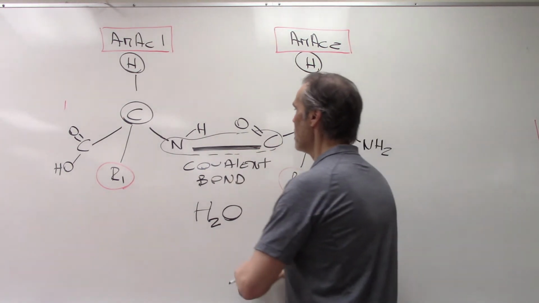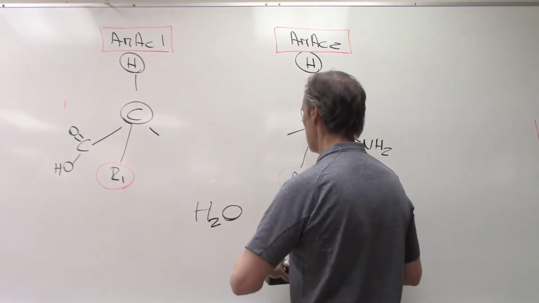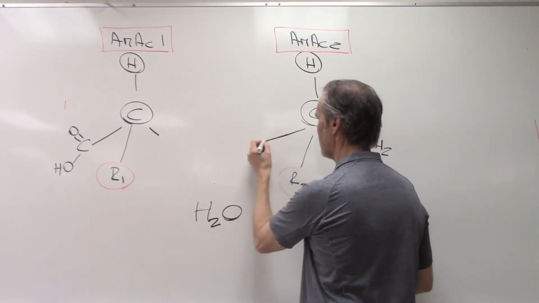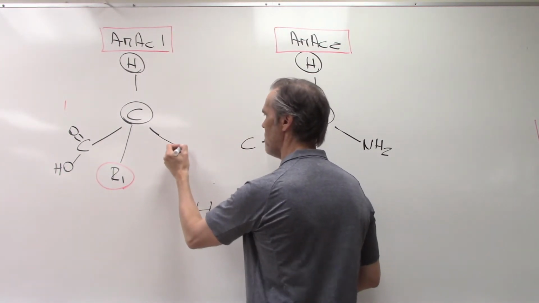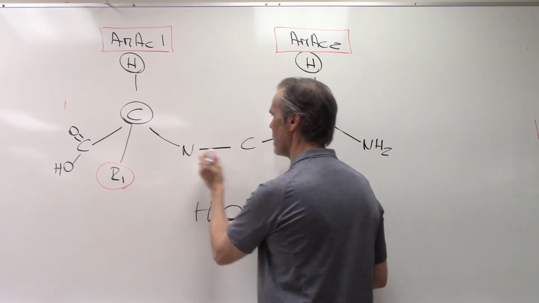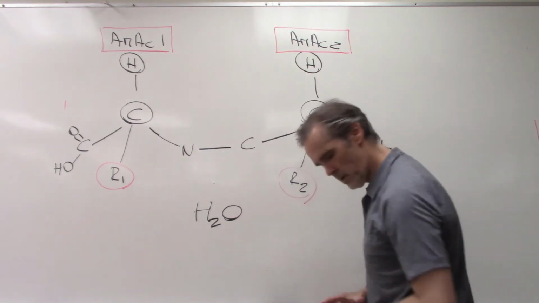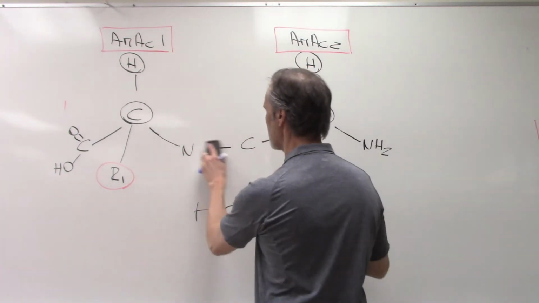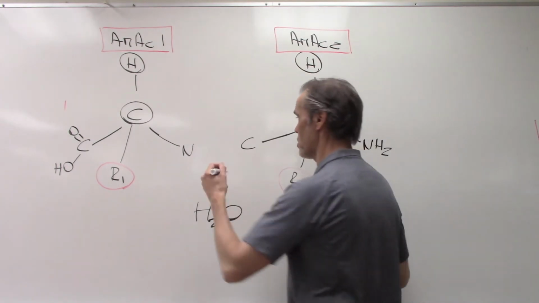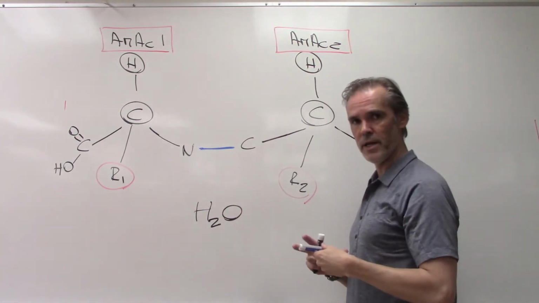Okay? So if I can redraw this just to be a little bit cleaner, what I have here is a carbon here, and then I do have here my nitrogen. And the link between those two, let me draw this in another color. Let's use blue here, just to illustrate this so that it's easier. So I have this blue link here, which is a covalent bond.